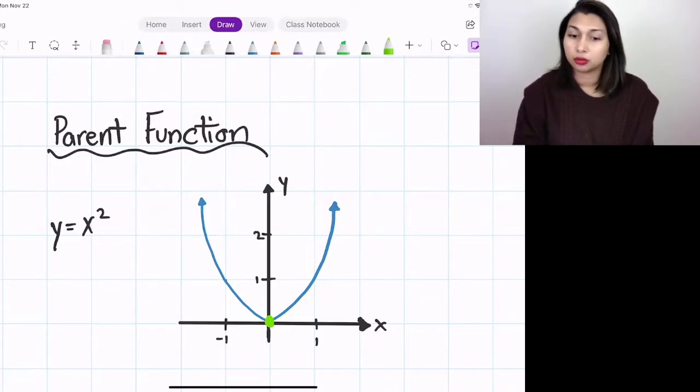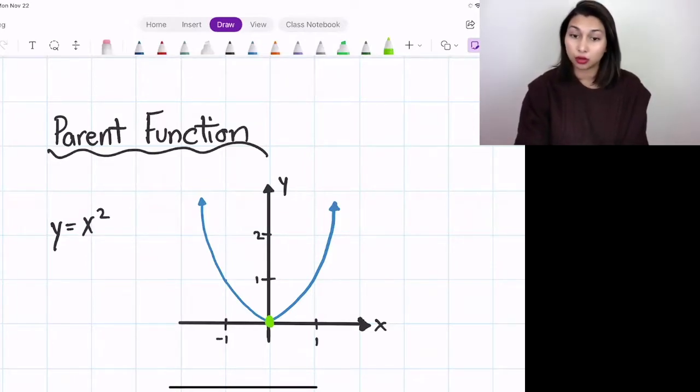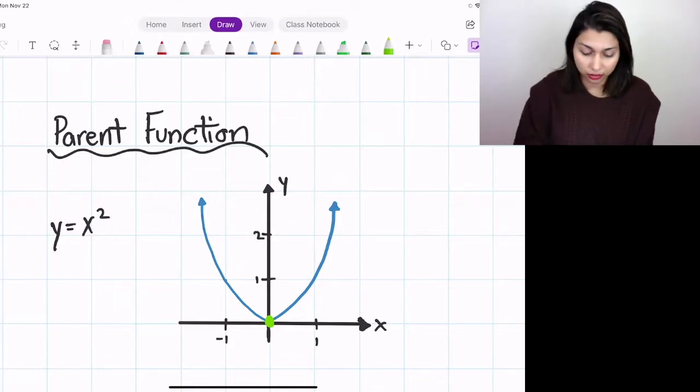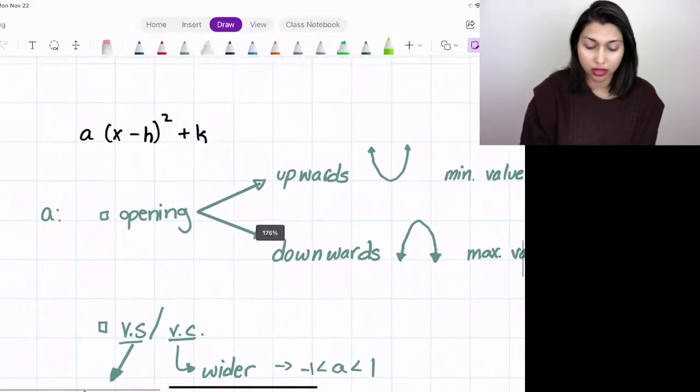For the domain, it belongs to all real numbers. For the range, it belongs to all real numbers given that y is greater than or equal to 0. The opening is upwards and it has an axis of symmetry located at x equals 0. So now let's move on to our transformation.